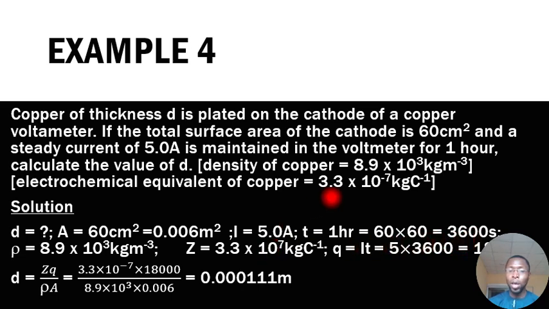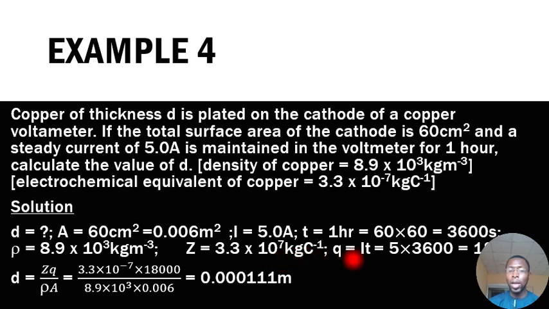Another thing we are given is the density, which is denoted by the symbol rho. So density is given to be 8.9 times 10 to the power 3 kilogram per meter cube. And lastly, we are given the electrochemical equivalent, our Z, to be 3.3 times 10 to the power minus 7 kilogram per coulomb.